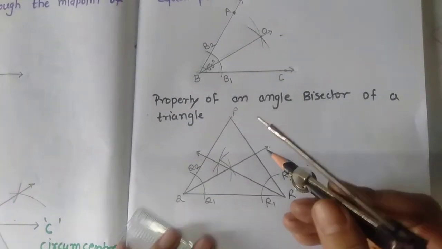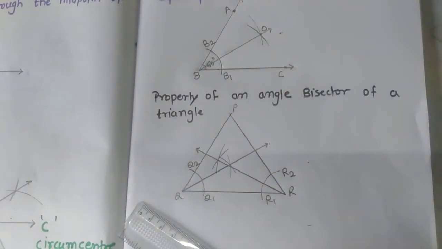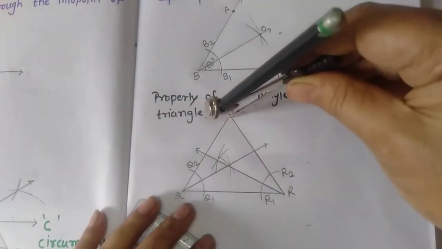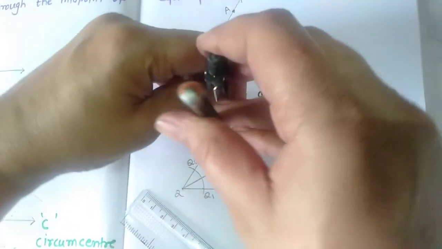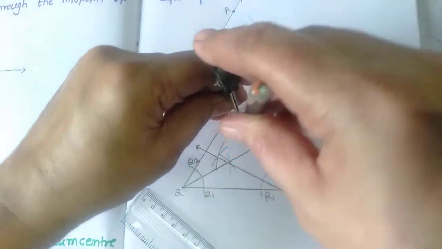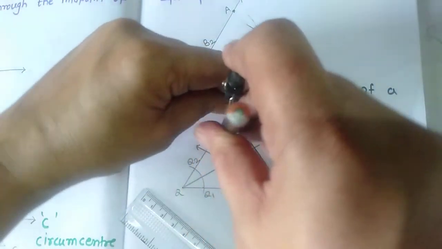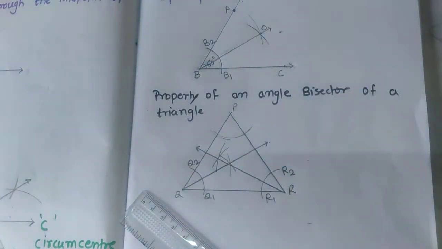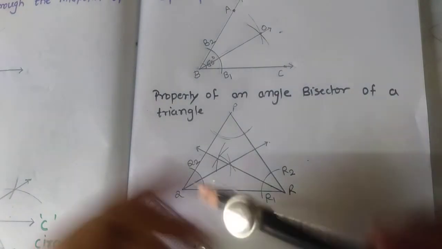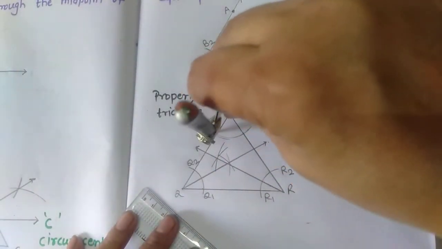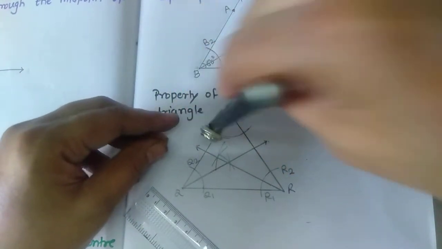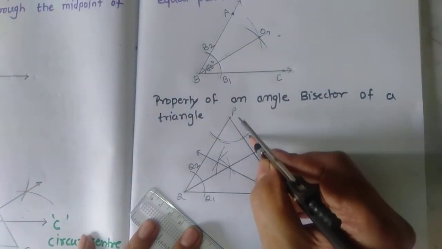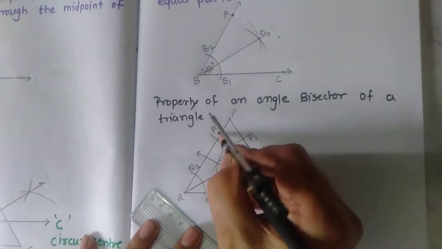Now draw the arc from P. And give the labels here, P1, P2.